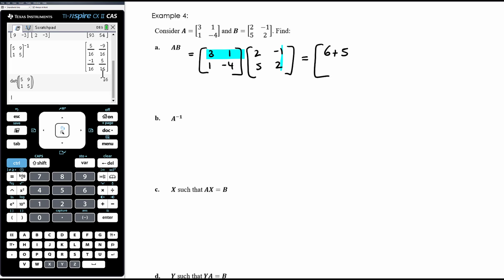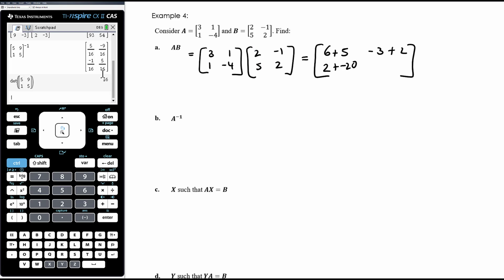Top right, top times right. 3 times negative 1 is negative 3, plus 1 times 2 is 2. Okay. Bottom left is going to come from doing bottom times left. And so we get 1 times 2, which is 2, plus negative 4 times 5, which is negative 20. Okay.